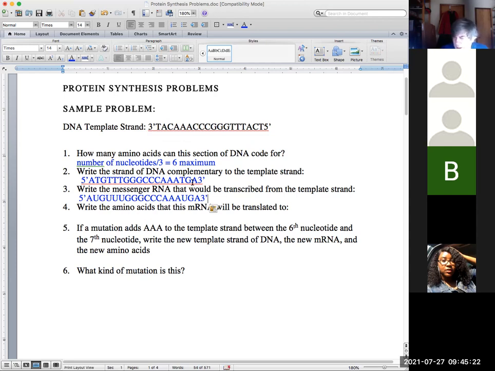Now, let's compare our answer to number 2 and our answer to number 3. Because notice they're both complementary to our template strand.